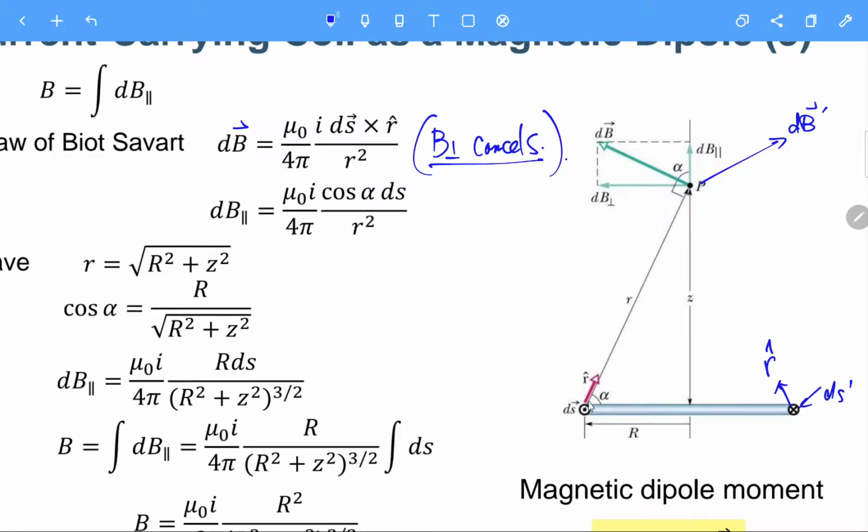Actually, the angle between them will be 90 degrees. Actually, ds is perpendicular to r hat.